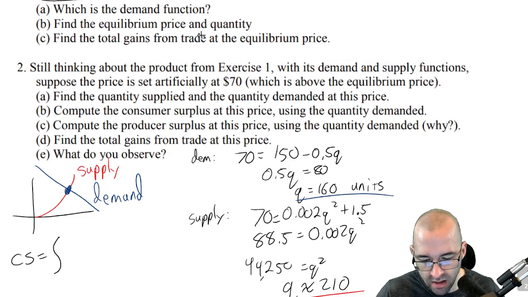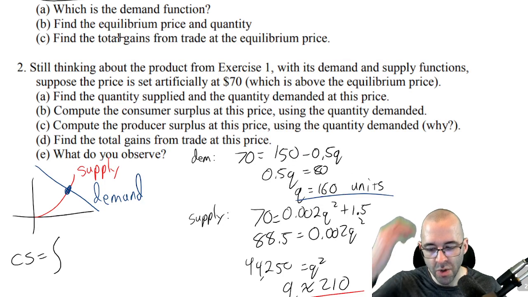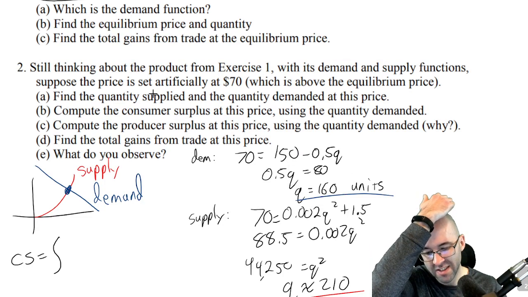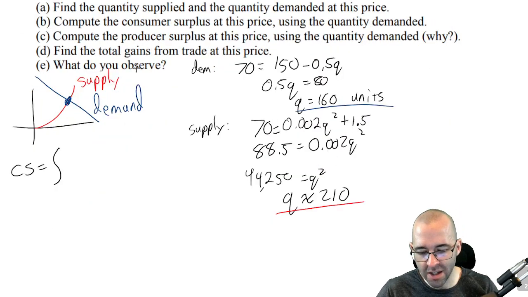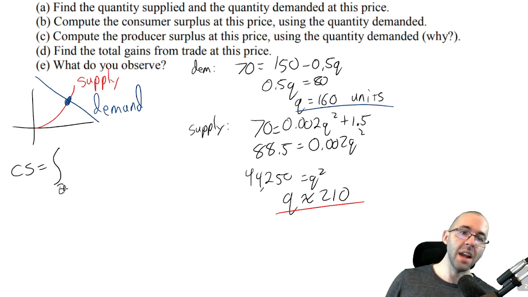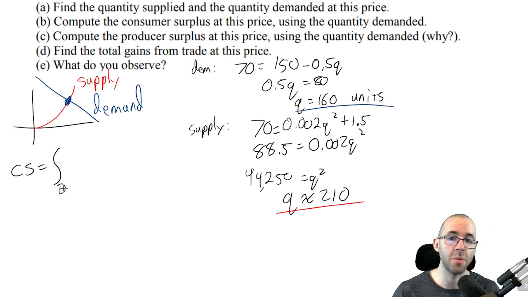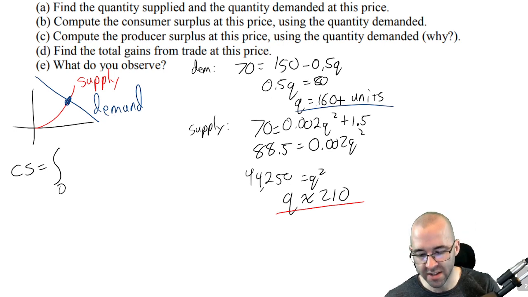We're essentially going to be comparing it to our answer from 1C, and it's going to be a smaller number. I didn't want to actually do number 1, but we're going to have to do number 1 to compare it. The consumer surplus is for demand, going up to 160 units here.